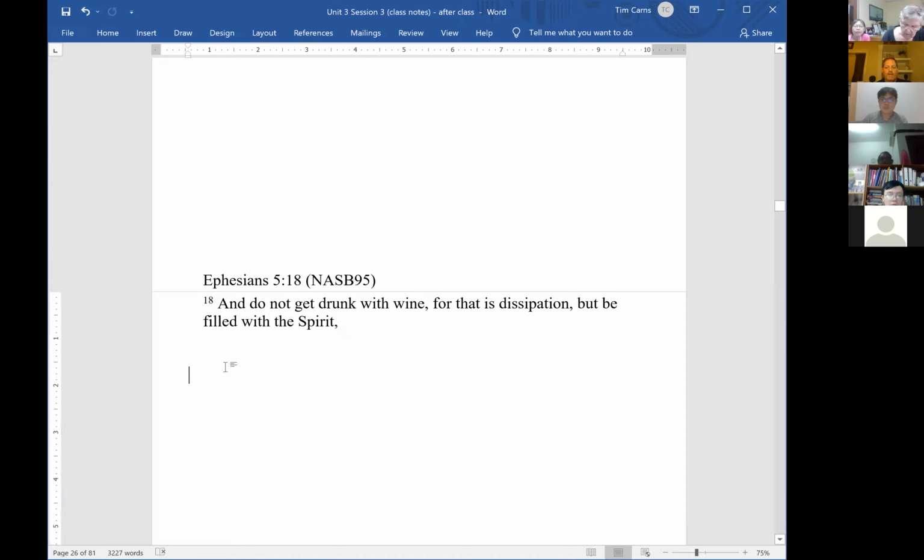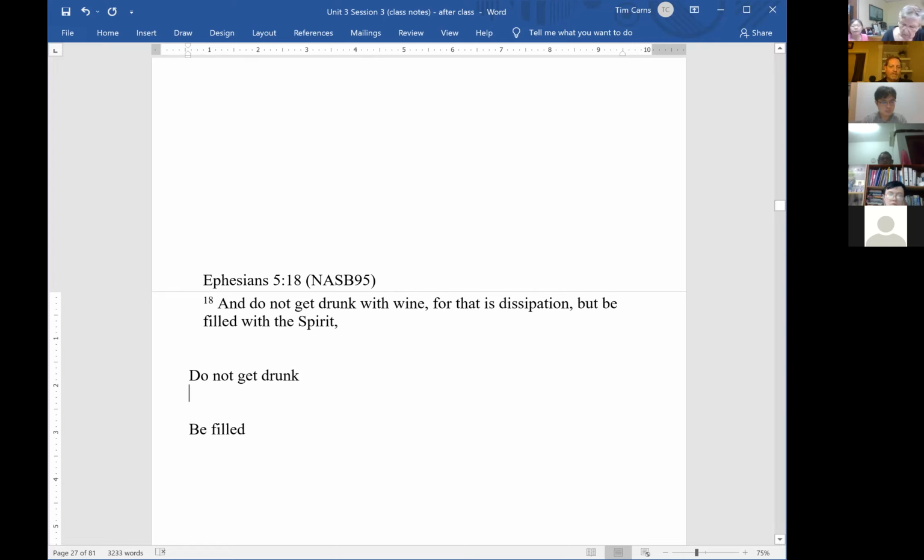So as I look at this passage, I want to ask, okay, what are the verbs here? Let's say I'm doing the textual observations and I'm now looking at the verbs. Okay, one verb is do not get drunk. The second one is be filled. Okay, those are my two verbs here.